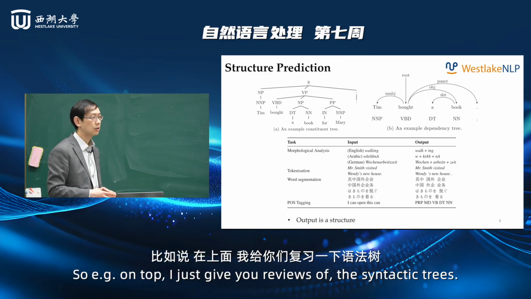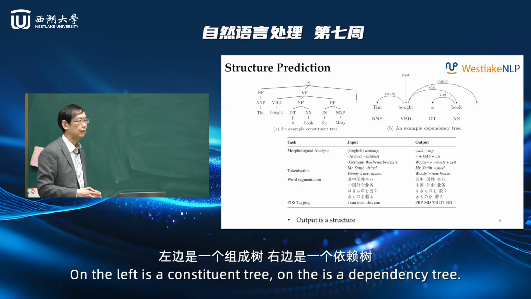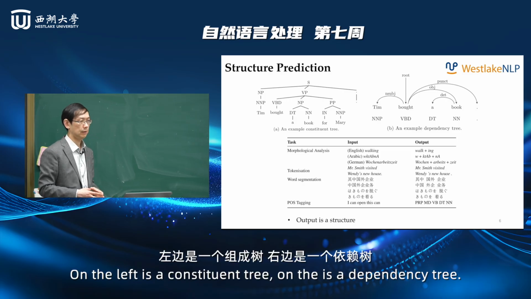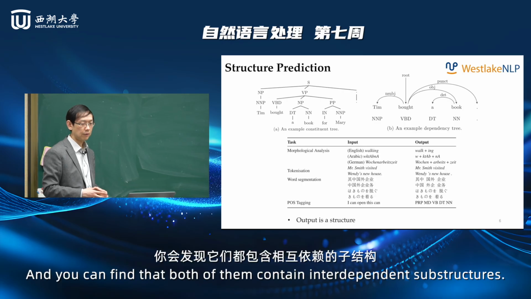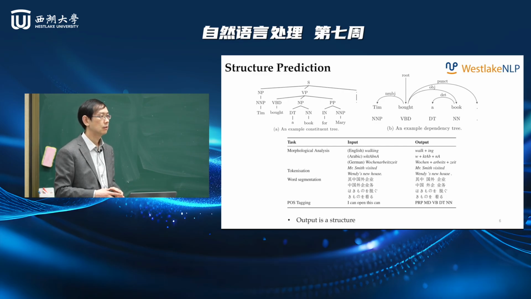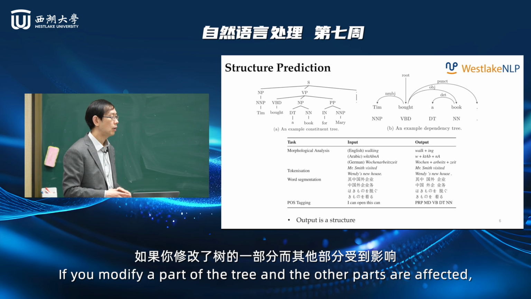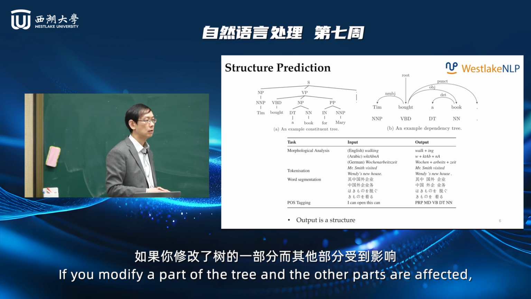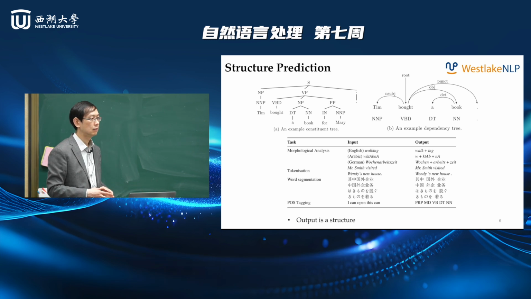So for example, on top, I just give you reviews of the syntactic trees. On the left is a constituent tree. On the right is a dependency tree. And you can find that both of them contain interdependent substructures, right? So if you modify a part of the tree, the other parts are affected, right?